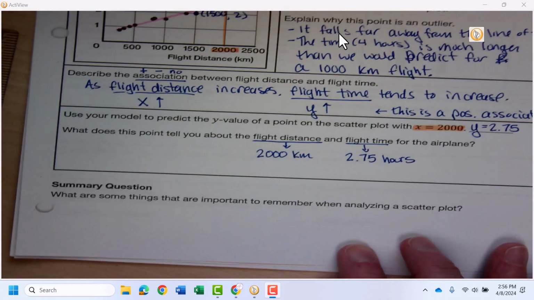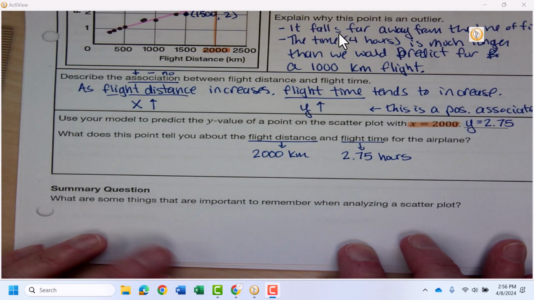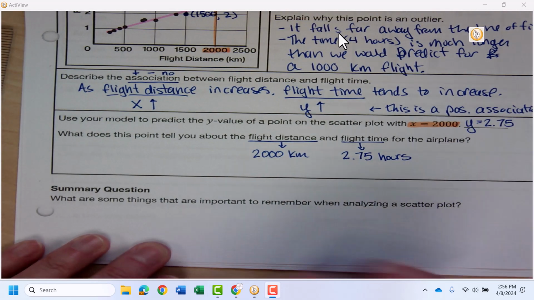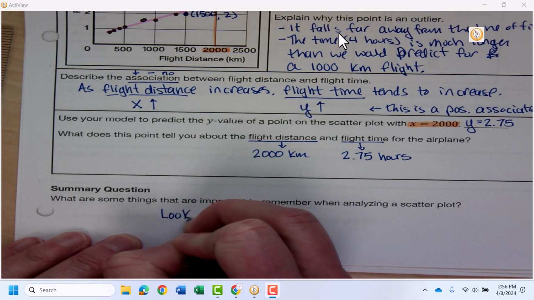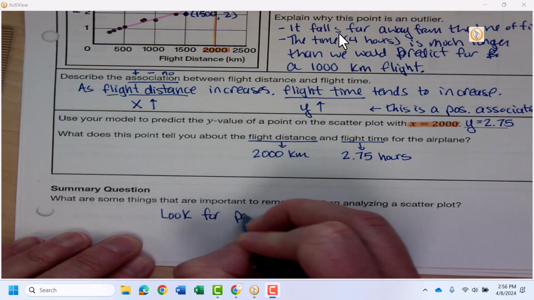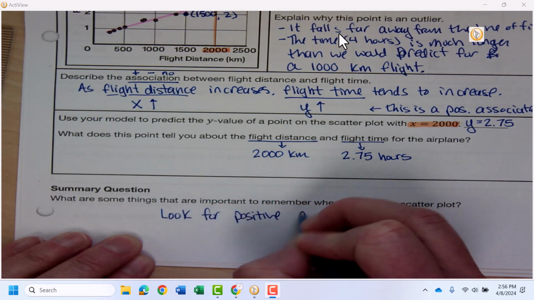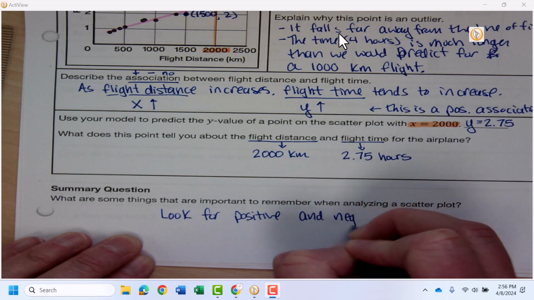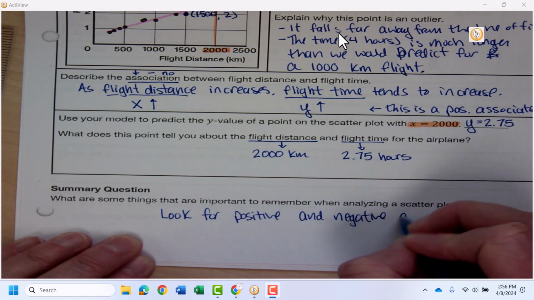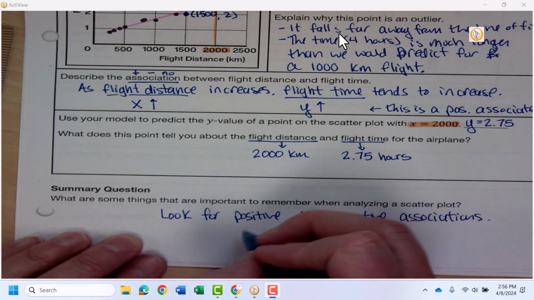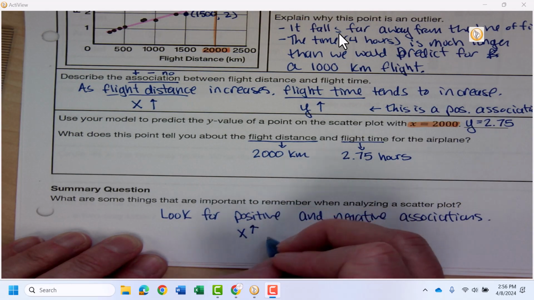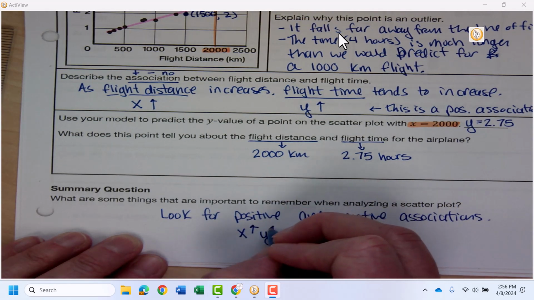And finally, what are some things that are important to remember when analyzing a scatter plot? Well, look for positive and negative associations. A positive association would mean that as the x values increased, the y values would also increase.